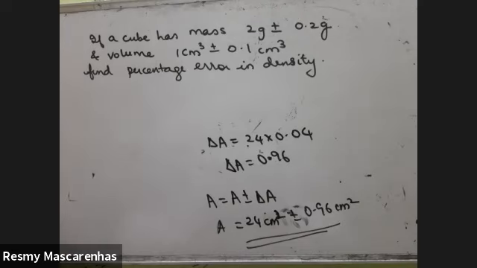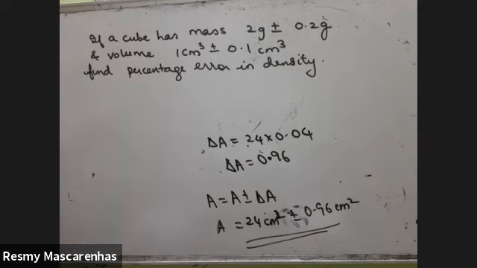What is the relation between mass, volume, and density? Can anyone tell me? What is the formula for density? Volume upon mass? Mass upon volume.